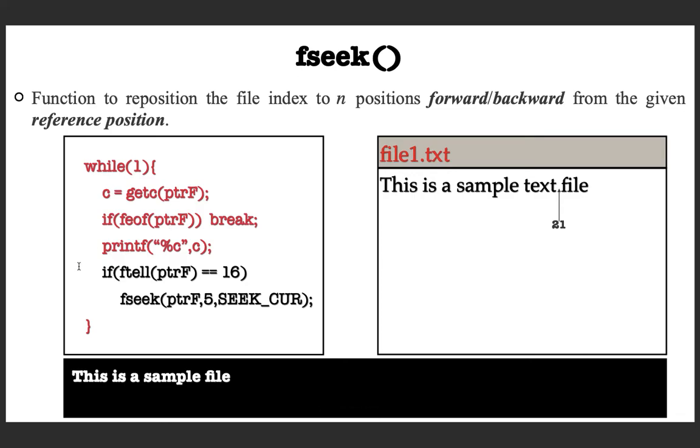So this is what you get as output, and I hope the fseek function semantics is clear to you, which is to skip forward or skip backward a given number of positions from a reference position. And which reference positions you can pass, that we will see when we discuss the formal syntax, which is what we are going to do now.